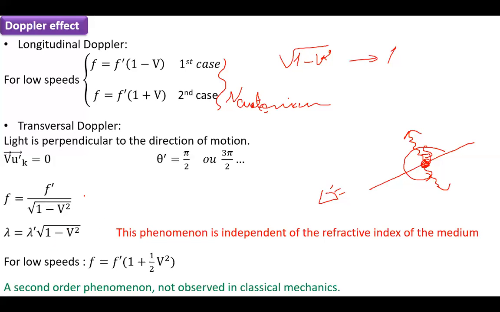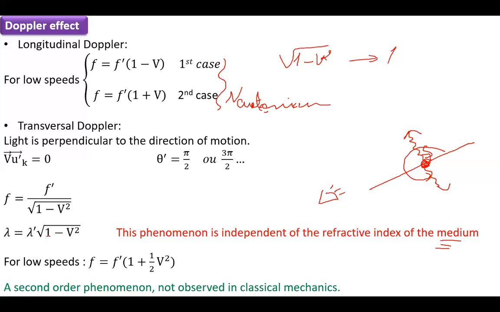This observation is independent of the medium. It's independent of the refractive index n or n prime or any refractive index. So the transversal Doppler does not depend on any medium or on whether the source is receding or approaching. It's the same.